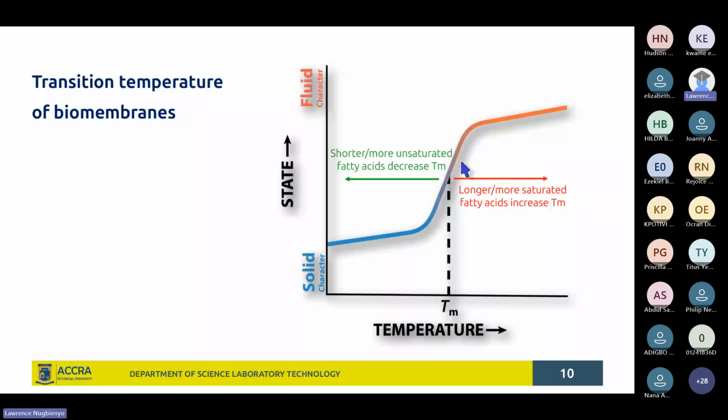And such a high temperature can result in a breakdown of the cell, like cell rupture. And if you have a lower temperature, the membrane becomes less and less fluid, which also results in a decrease in the transport of substances across the cell.